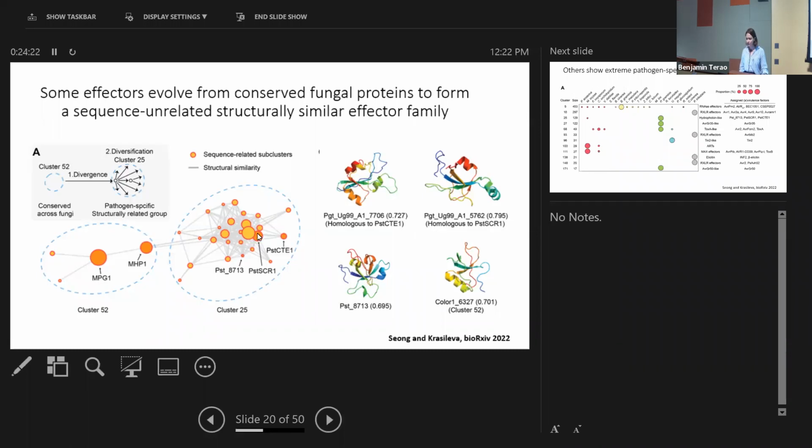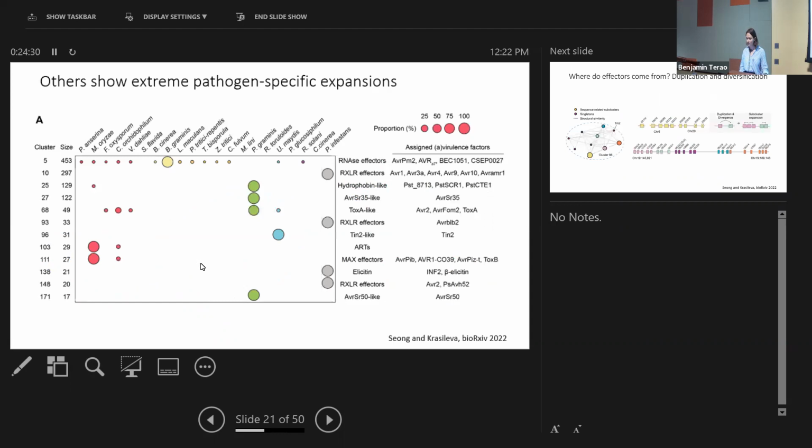Now, other groups of proteins. If you follow that trajectory, you see that these links become weaker and weaker, even in the structural space. So what we think happens next is that this similarity at some point is even lost. So we have groups of structurally related proteins that are now becoming pathogen specific.